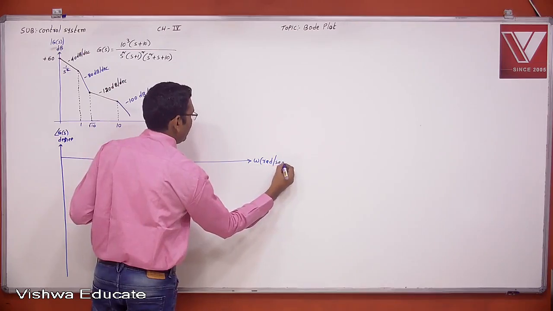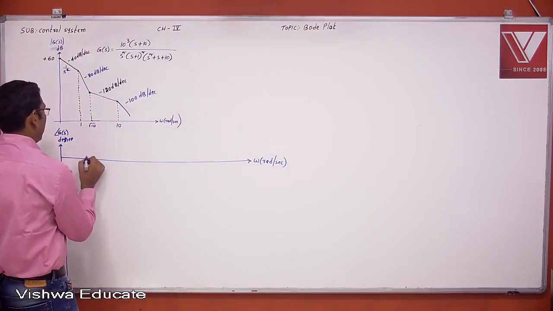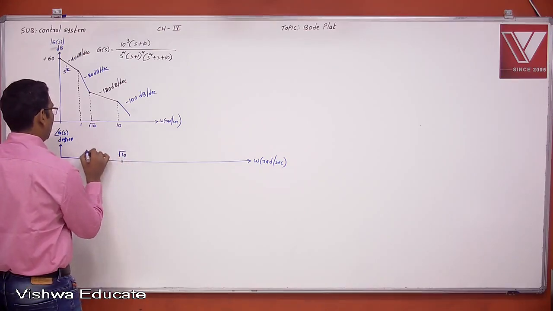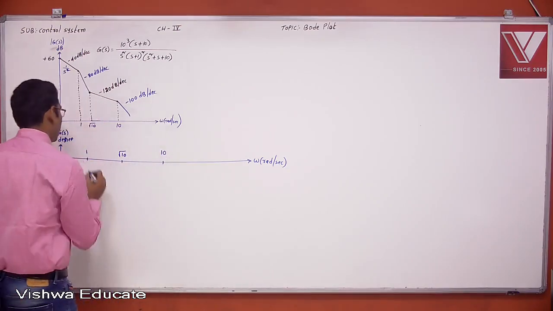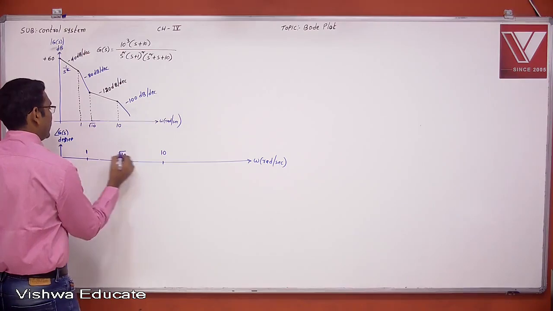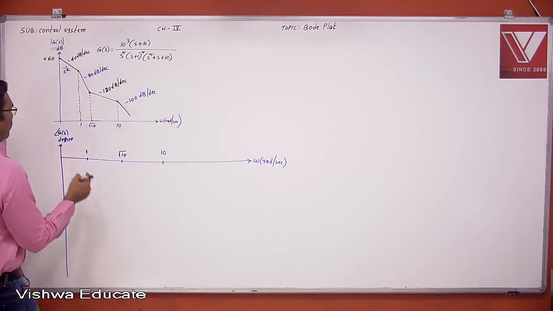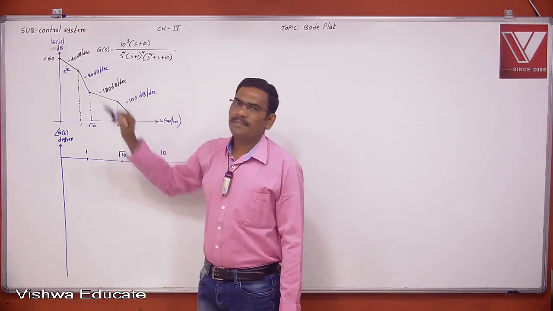Now, same as before, write the frequencies in ascending order: 1 radian per second, √10 radians per second, and 10 radians per second. Now see here. Up to 1 radian per second, the slope is minus 40 dB per decade.